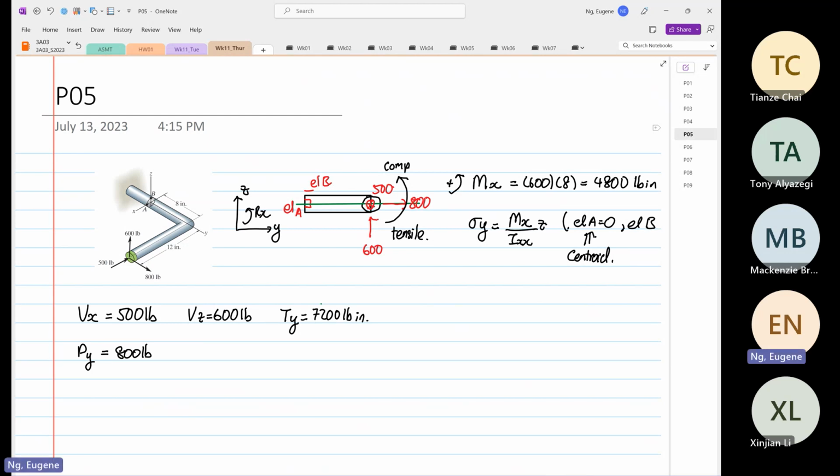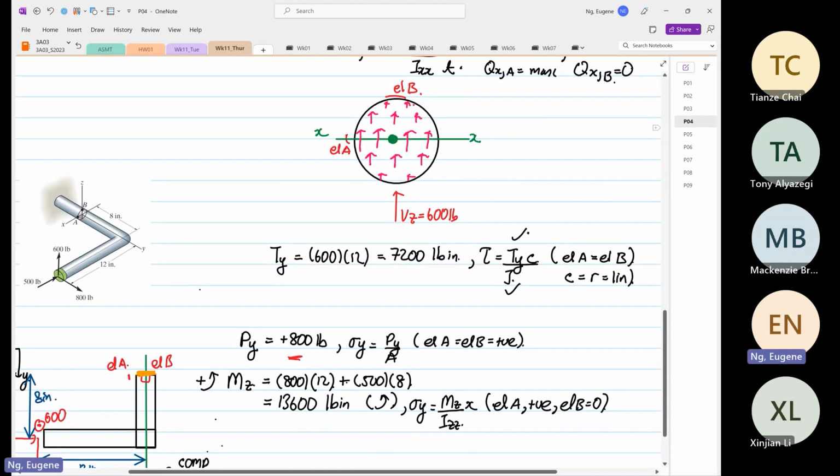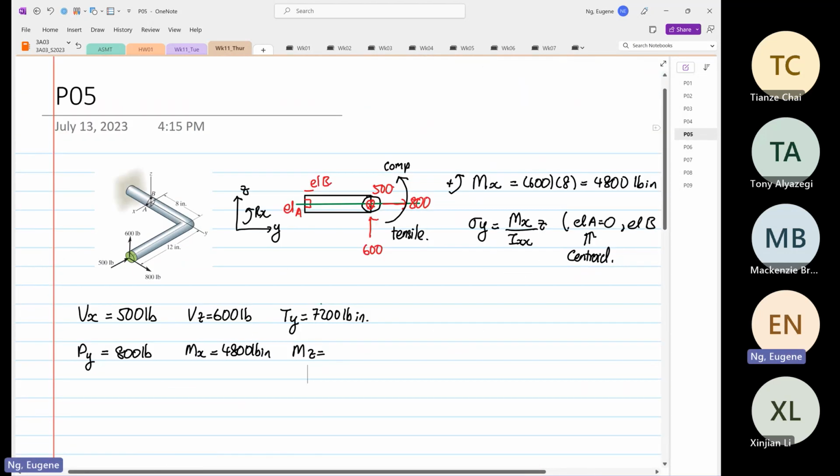And then we also have a moment in the x, which is equal to 4,800 pound-inch. And then we have moment in the z, which we have calculated, is equal to 1360 pound-inch.